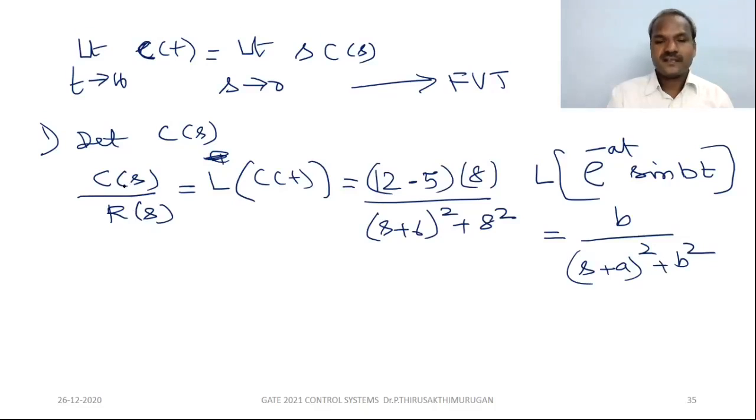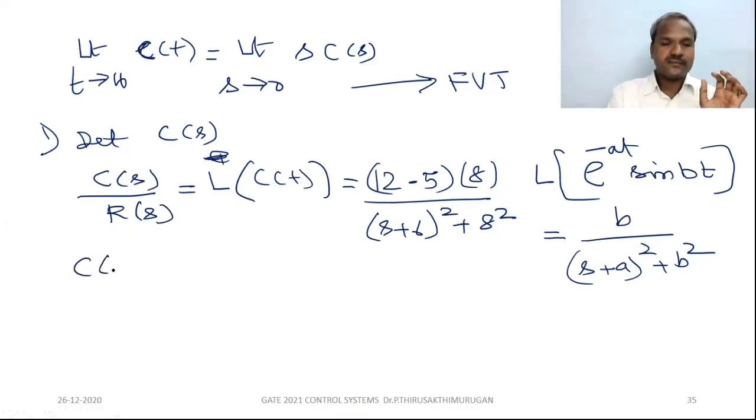So what is C of S by R of S? The closed loop transfer function. R of S is the step input. So what is C of S? For the unit step, it is this into 1 by S, right?